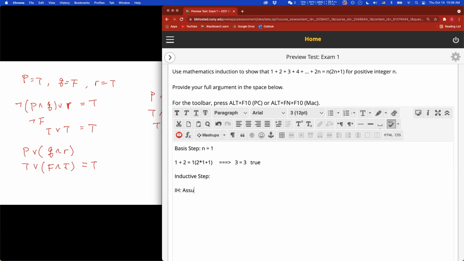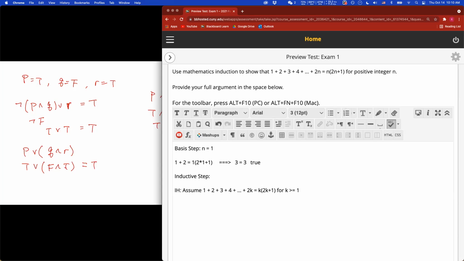You will assume 1 plus 2 plus 3 plus 4, keep adding until 2k, is equal to k times 2k plus 1, for k a positive integer, so for k greater or equal to 1.